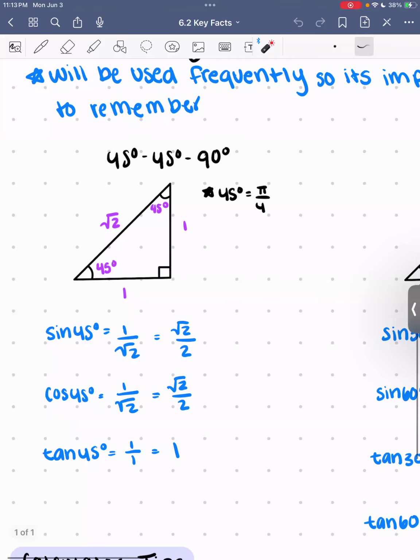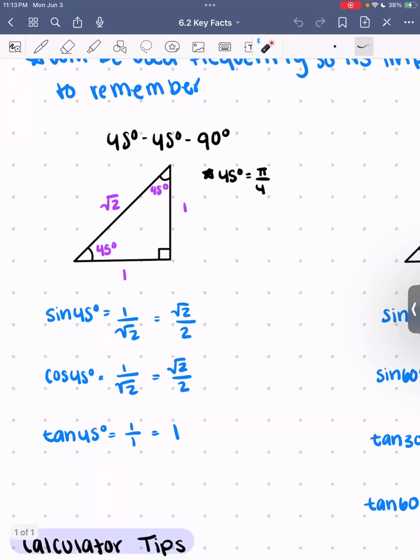Then, using what we just learned, this is how you would put SOHCAHTOA into action. Sine of 45 degrees. Remember that sine is opposite over hypotenuse. Let's say we're referencing this right here. The opposite of 45 degrees is our 1, and our hypotenuse is square root 2.